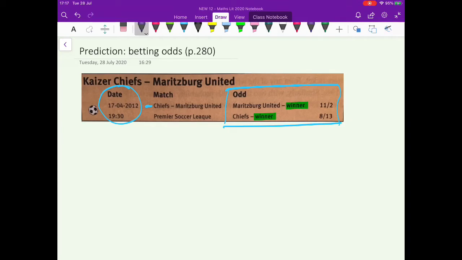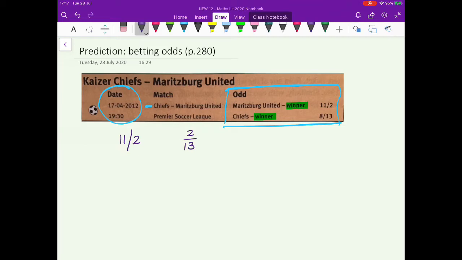So, first of all, if we have Maritzburg United predicted to be the winner, the odds are 11 to 2. That's how we say that, 11 to 2. The predicted probability is going to be 2 out of 13.